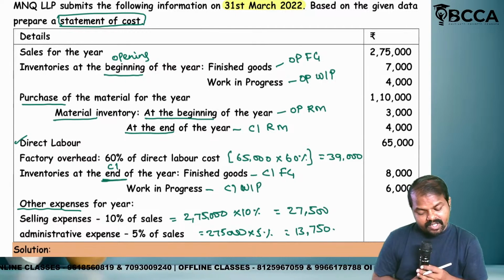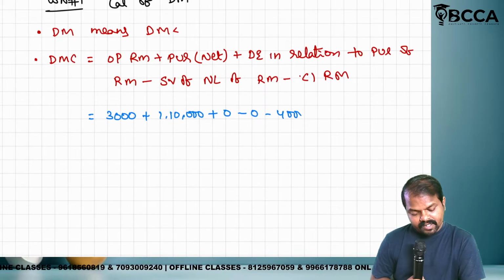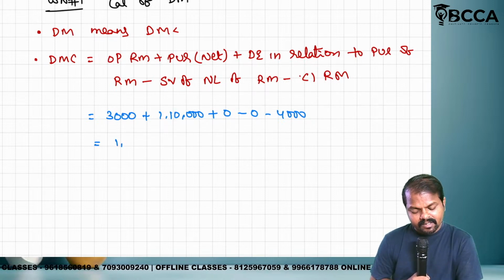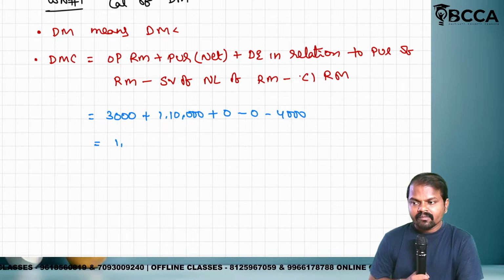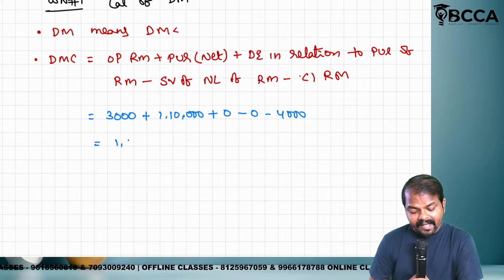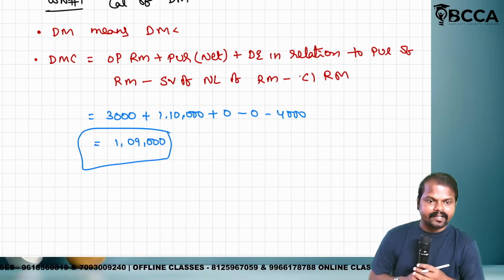Please check closing stock of inventory is there? Yes. How much? 4,000. What is the amount? 1,13,000 minus 4,000.